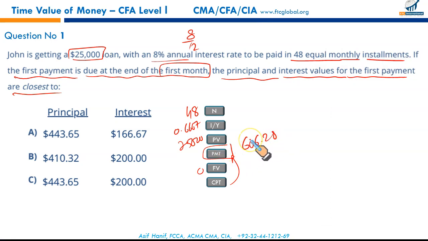This is not what was needed. We need to split the 606 into two components, because every payment we make to pay off the loan, some of it is interest, the rest of it is principal. So we will have to calculate the interest part and the principal part separately, and then we will be able to answer the questions correctly.